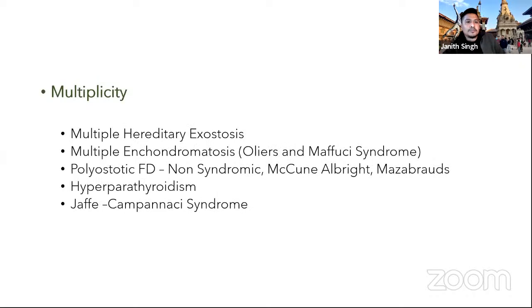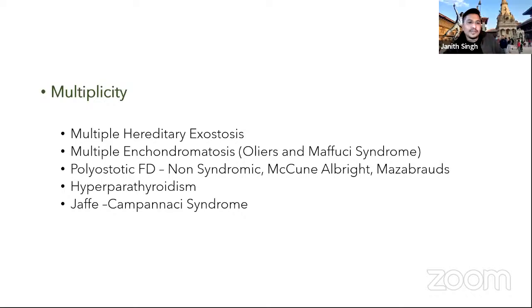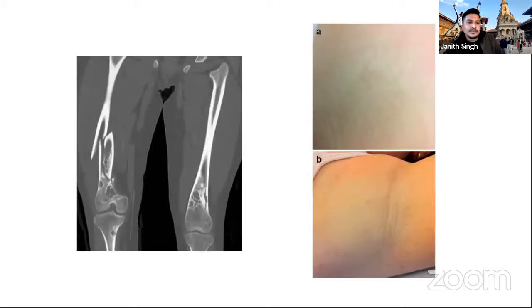Again, if the lesions are multiple, then you want to think of MHE, Ollier's or Mafucci. These are getting repetitive because I'm trying to see this from an examination point of view as well. Now, this is a case of Jaffe-Campanacci syndrome, in which you see a lot of non-ossifying fibromas along with café au lait spots and axillary freckling.